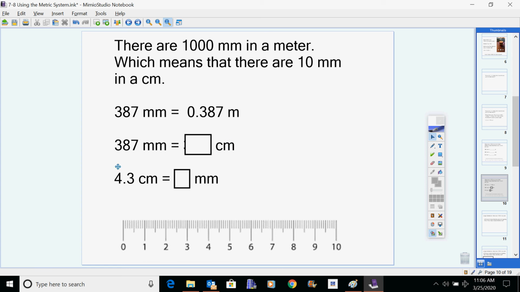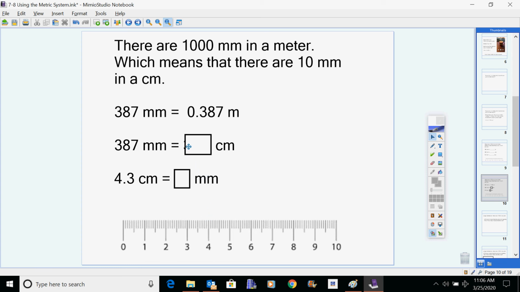Let's think about our same 387 millimeters and think about what that looks like in terms of centimeters. I want to think things through a minute, okay? So this would be 10, this would be 20, this would be 30, and 40, and 50. So for each one of these centimeters, there are 10 millimeters.